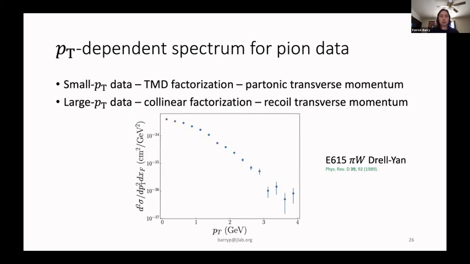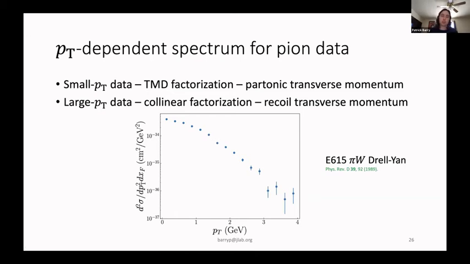So the spectrum for the PT dependence is unique in that at small PT you follow some TMD factorization, where the PT here is coming from this partonic transverse momentum inside of the hadron. But at large PT, you can't really describe the large PT of the virtual photon coming from those intrinsic partons.